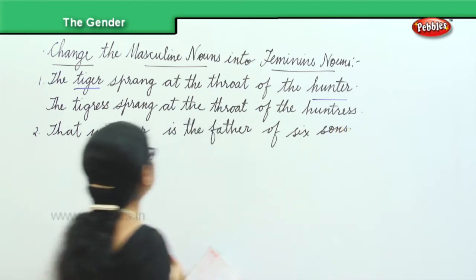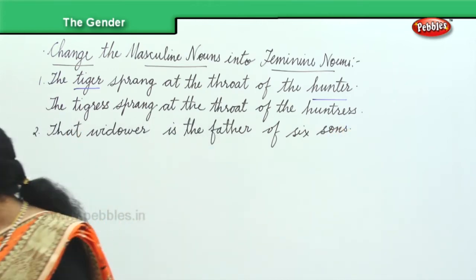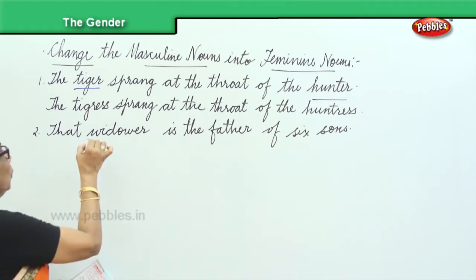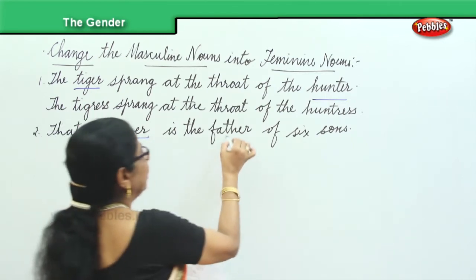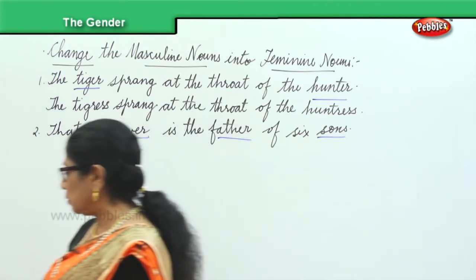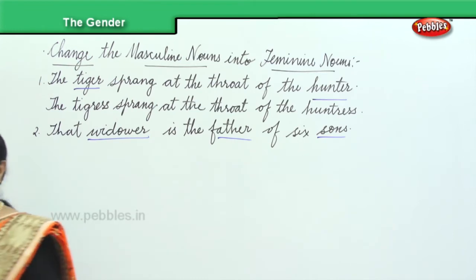The sentence is, that widower is the father of 6 sons. So here we have widower, father and sons. There are 3 masculine nouns to be changed over.